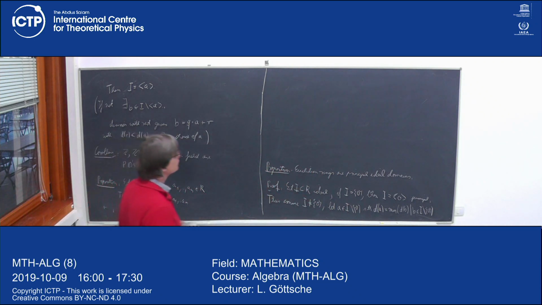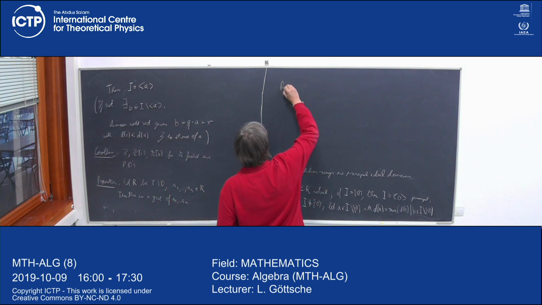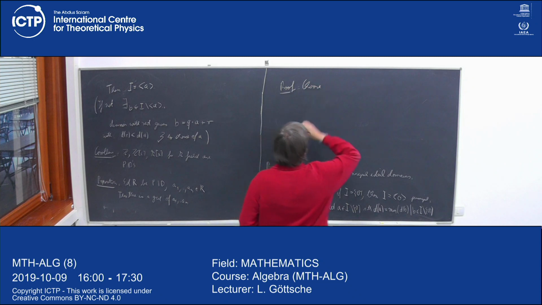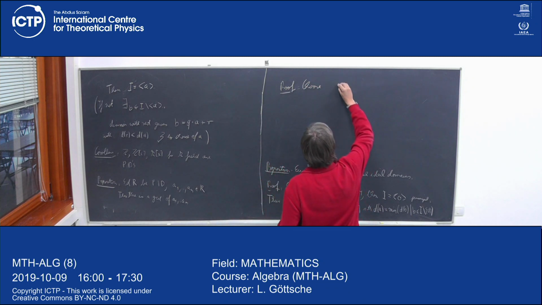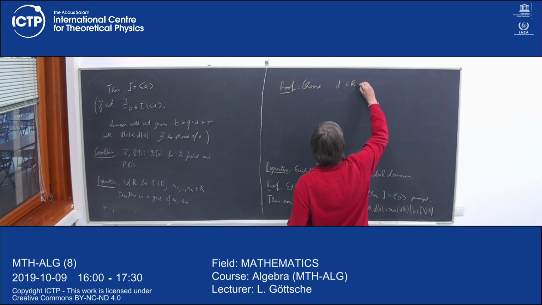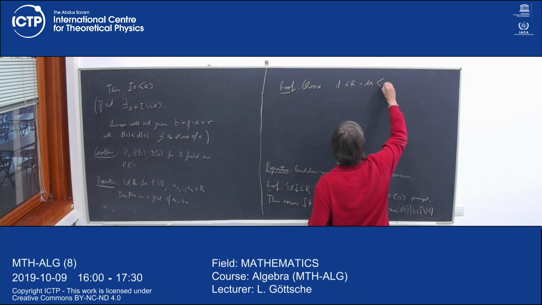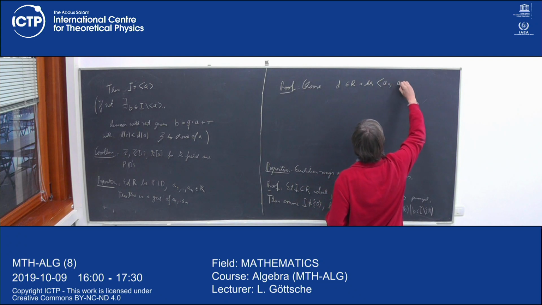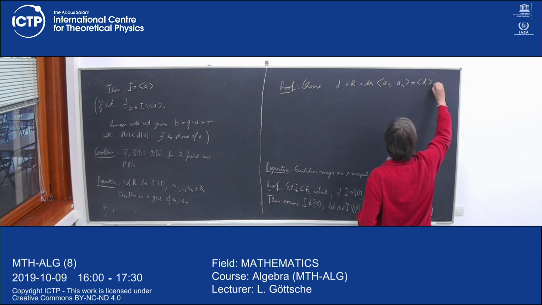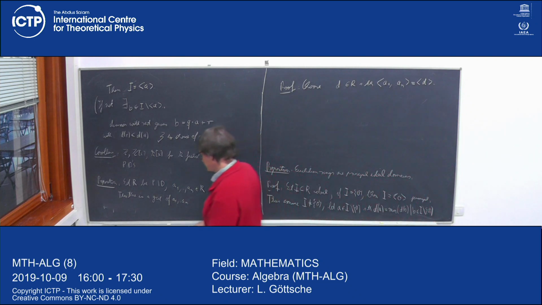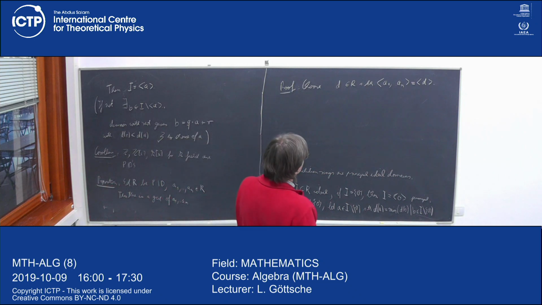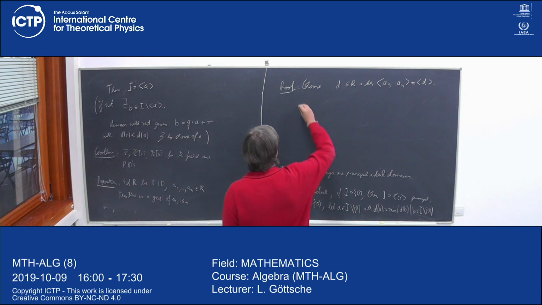We choose D in R such that the ideal generated by A1 to An is equal to the ideal generated by D. So we know what the principal ideal is.